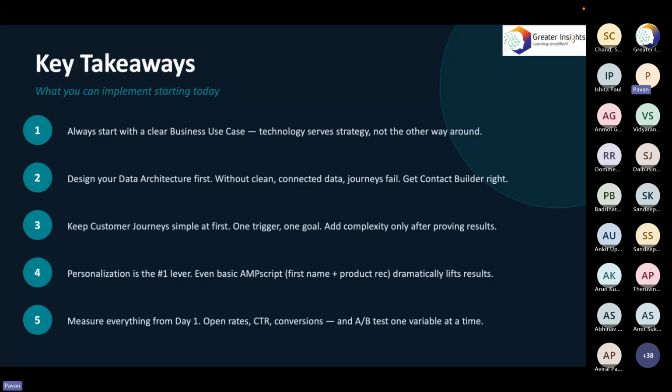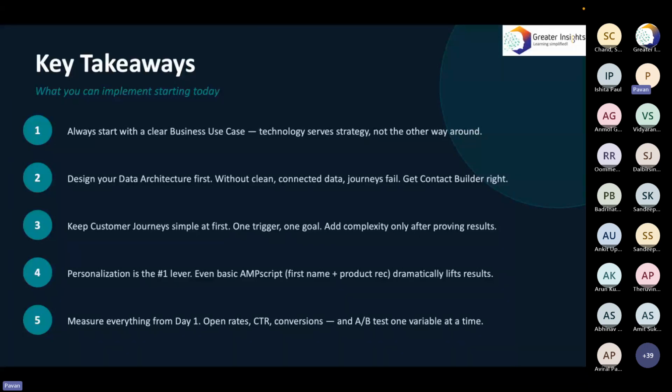Okay, with all this, I know I have to open up for Q&A, but what are the key takeaways? What can you do from this talk, from whatever you've heard me say? You should be able to understand a clear business use case, what could be the strategy, how to use the Salesforce platform, what data architecture is, and how important it is to have clean, connected data so that the journey doesn't fail, right?